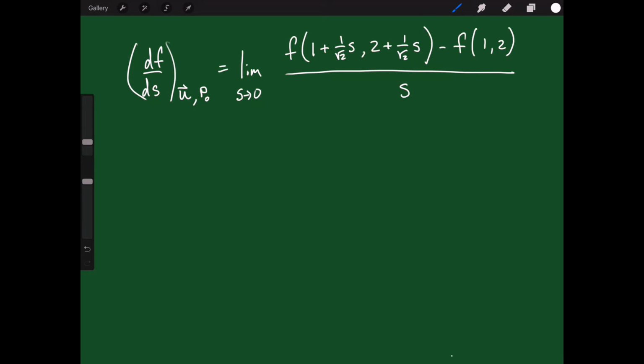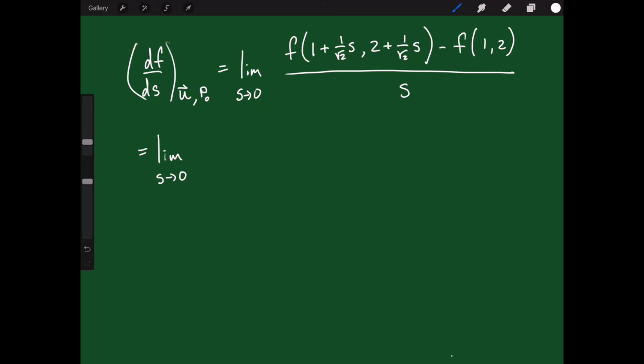Okay, so now I have a limit. So let's start plugging things in. This is just the limit as s goes to 0. And now I need to say, what is f of 1 plus 1 over root 2 s, comma, 2 plus 1 over root 2 s? Well, if I plug these things in, I get x squared.